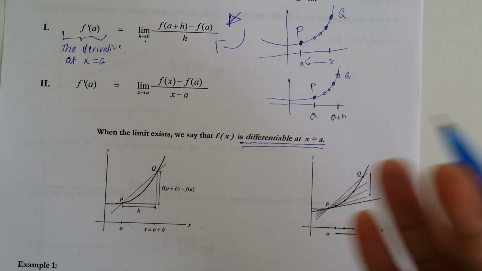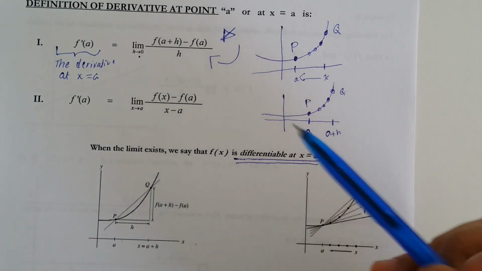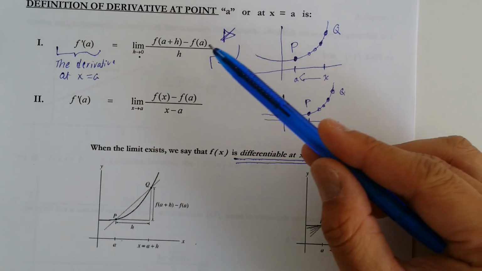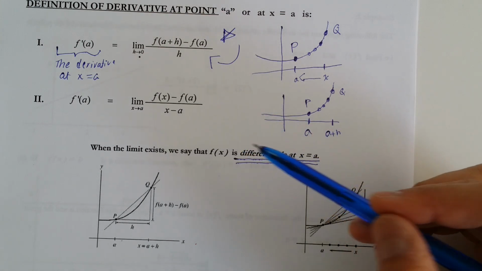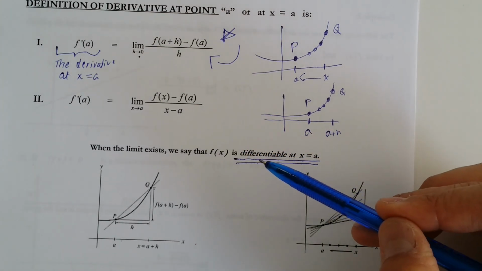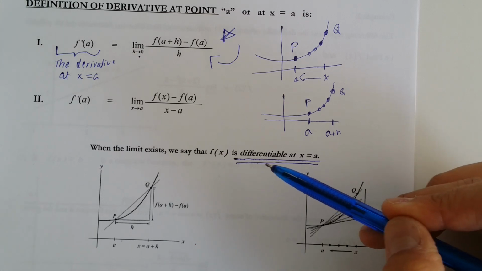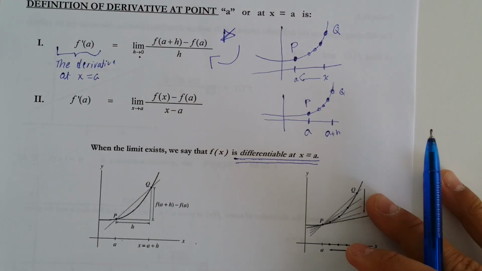Another way to say that is if the derivative exists. If the limit exists means the derivative exists, then the function is differentiable. Derivative exists, differentiable. So it goes hand in hand.